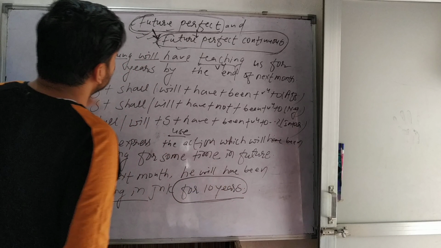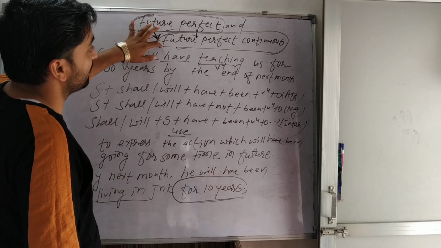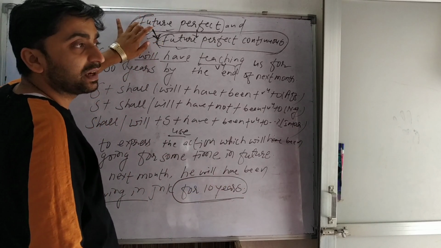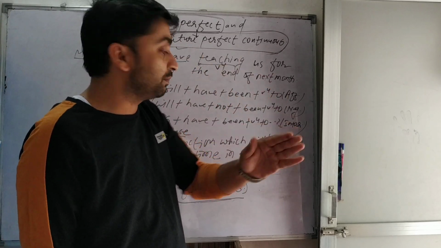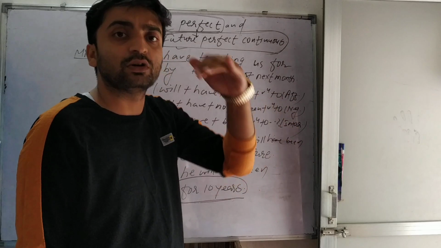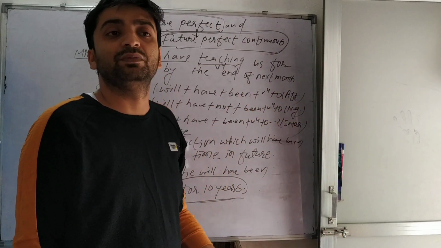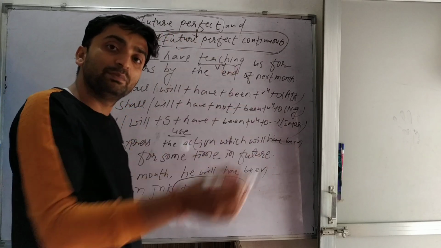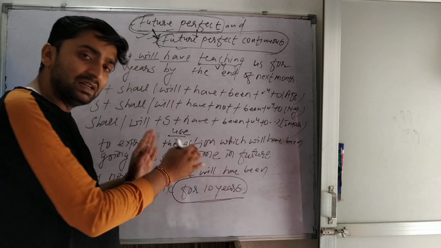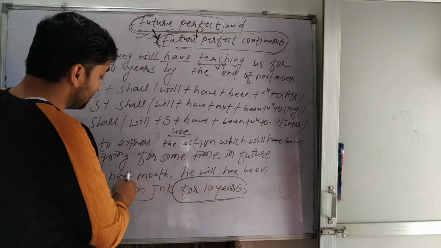So actually, what is the difference here between future perfect and future perfect continuous? In the future perfect, what we saw is that a given time is given, by next month or by 8 o'clock or by 6 months, whatever the given time is, the action will be completed before the given time. But here the condition is different. How is the condition different?